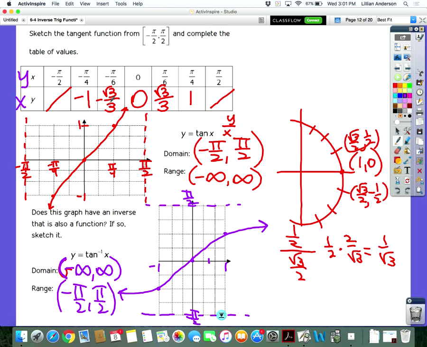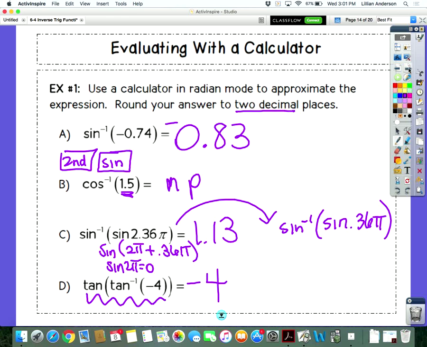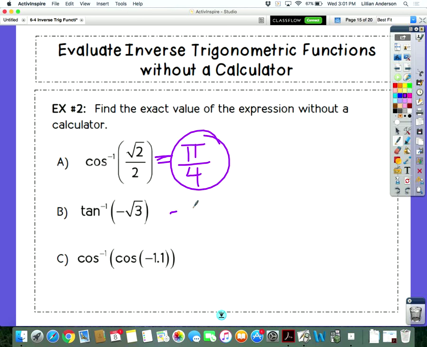So it's actually the one that wasn't listed here: negative pi over 3. That's the exact value. Exact is the giveaway. Exact means unit circle, or it means one of the properties.